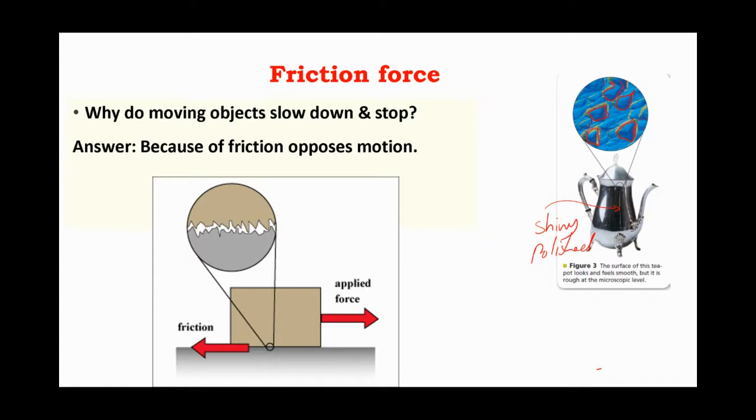Okay, so if there is a surface like this one between two objects, object A and object B, if we look deeply at this surface with a magnifying glass, for example, we will see a lot of irregularities. These irregularities, we call it the roughness, al-khushuna.